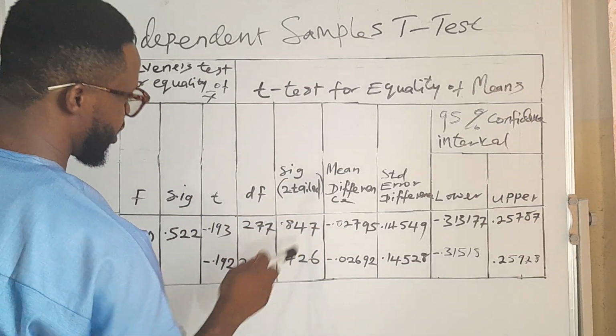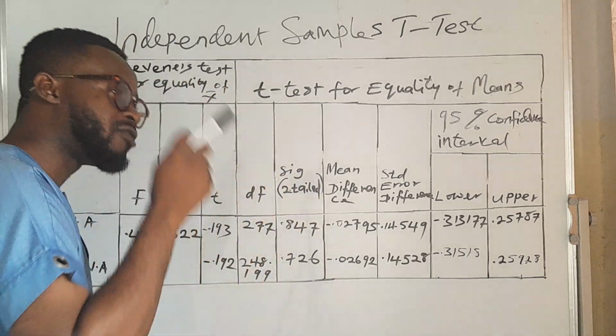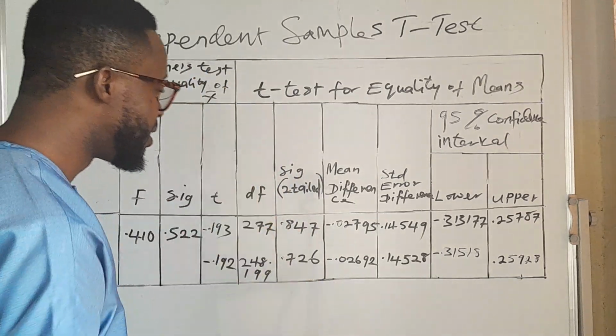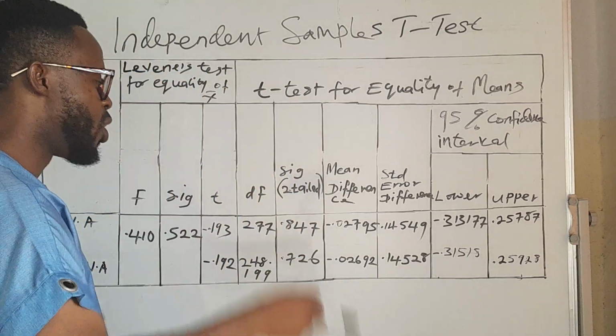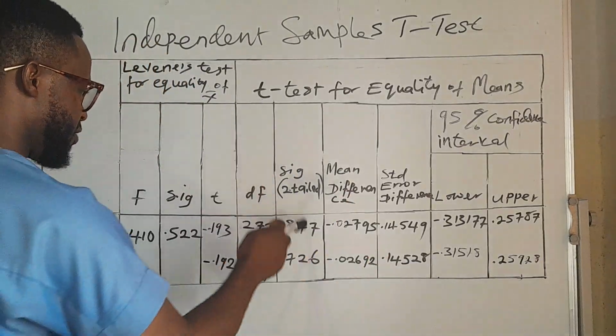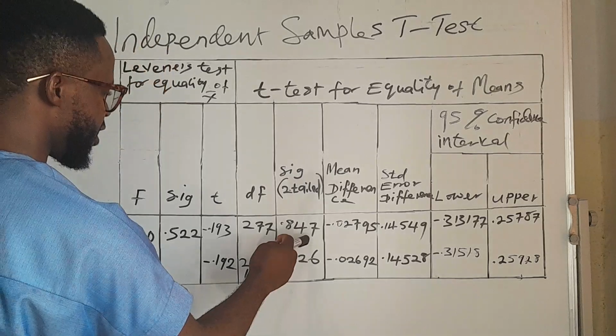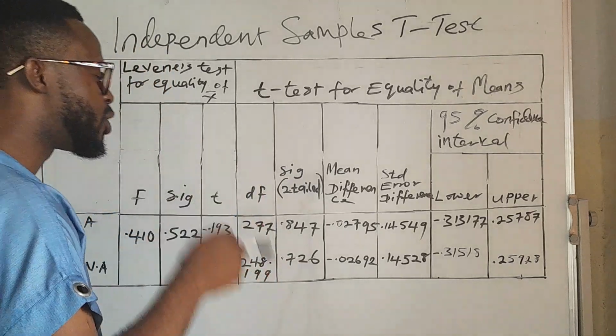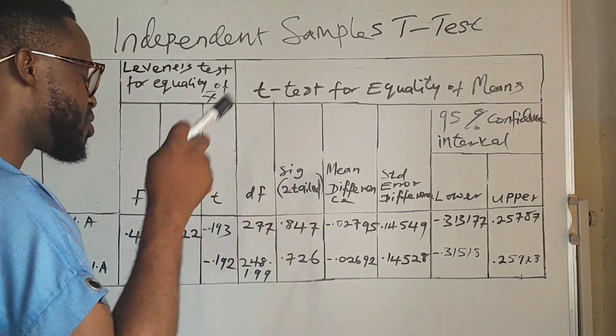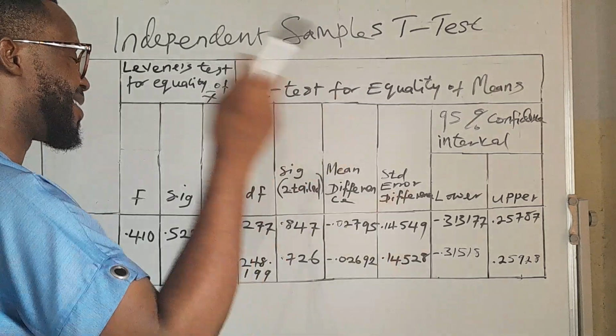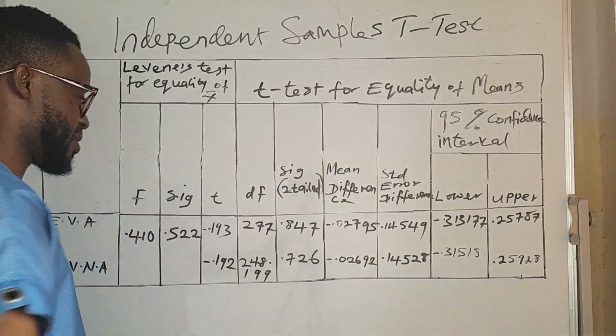If this value is above 0.05, it means there is no difference. But if this value here is equal to 0.05 or less than 0.05, it means there is a difference.